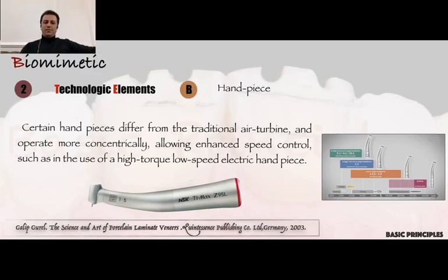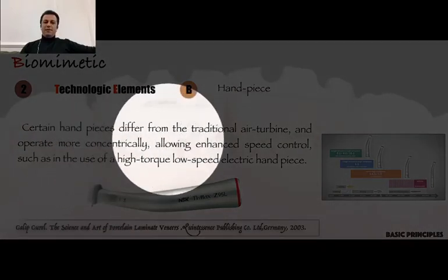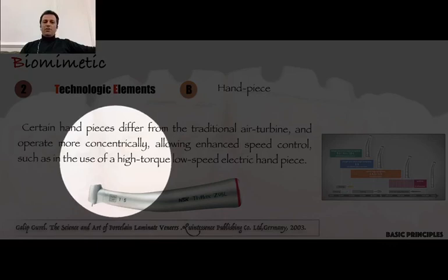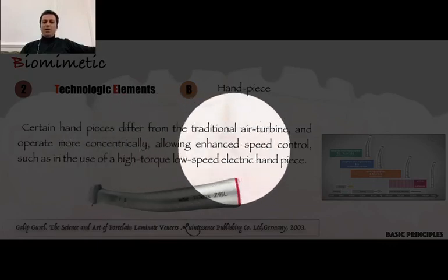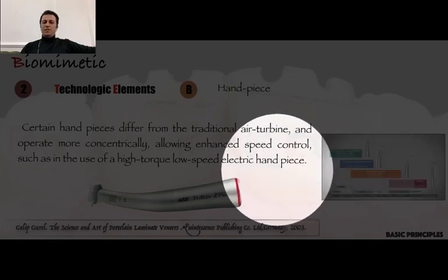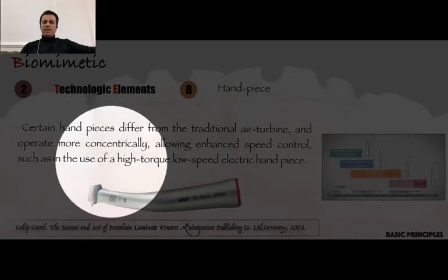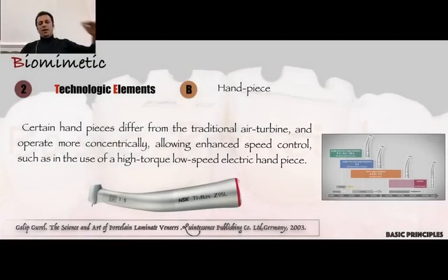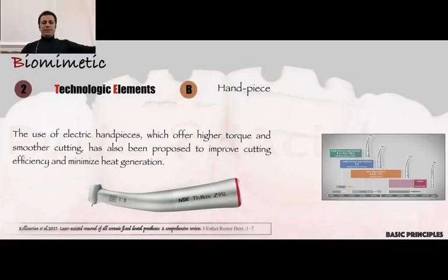Why? Look, certain handpieces differ from the traditional air turbine and operate more concentrically, allowing enhanced speed control. You can reduce according to the step demand that you want, such as in the use of a high-torque, low-speed electric handpiece.